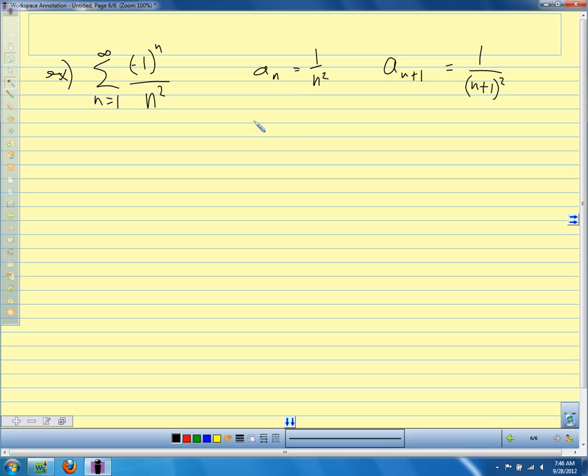The limit as n approaches infinity of 1 over n squared equals 0, so our first condition holds. Is 1 over n plus 1 squared less than or equal to 1 over n squared? Yes, since n plus 1 is larger than n for n greater than or equal to 1. So our alternating series converges.